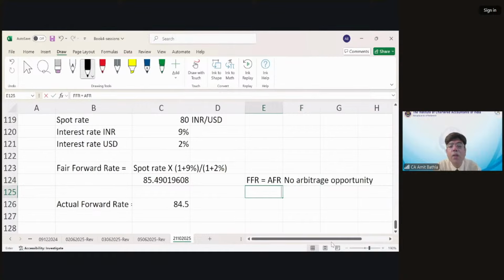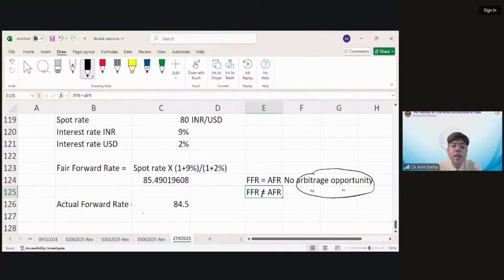In other words, if this is not equal, say for example, fair forward rate and AFR are not equal, then there is an arbitrage opportunity.